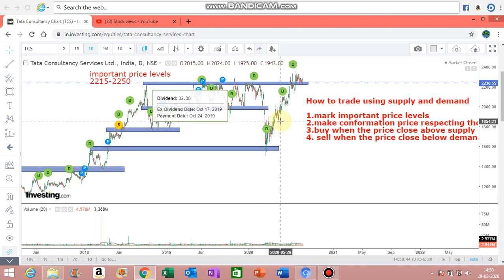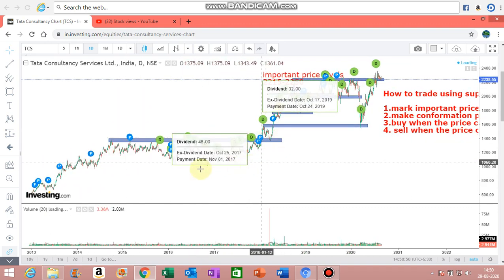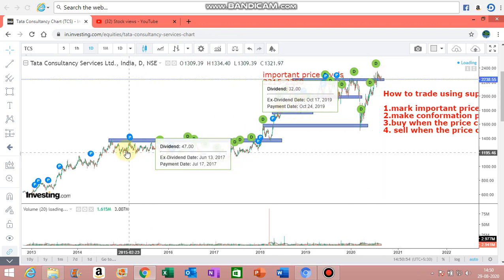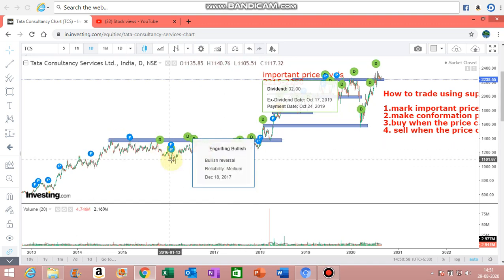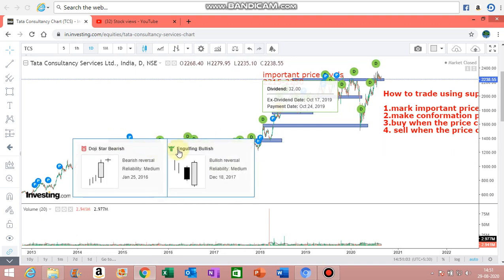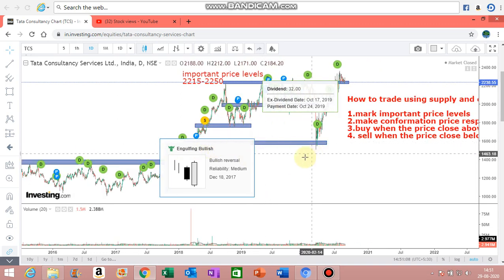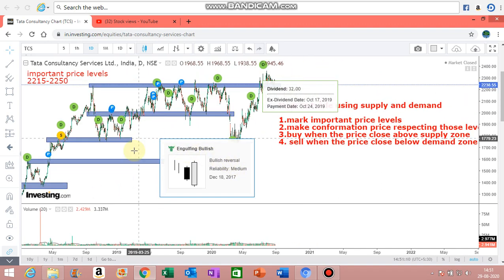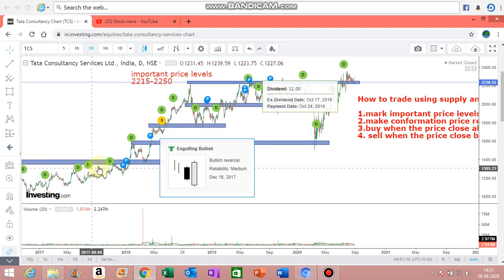We can check the past data also, how the supply and demand worked here. If you see here, similarly, there are several times the price, whenever the price reaches those levels, it has been rejected, and sellers started selling at those levels. Once the price breaks here, then second time it acted as a demand zone.